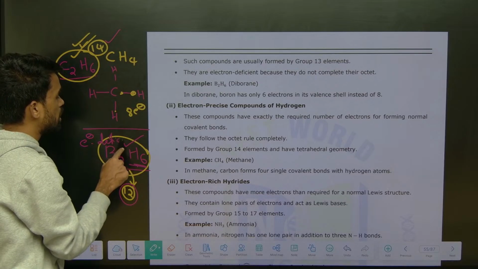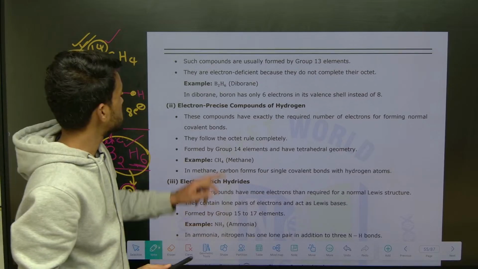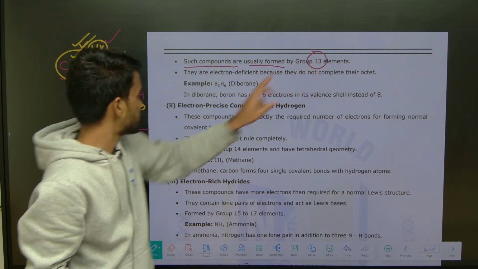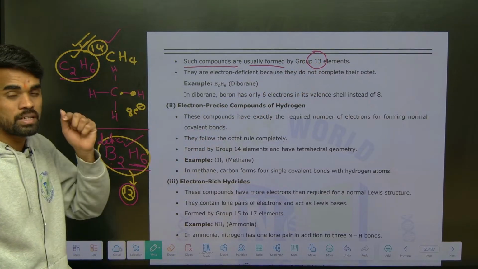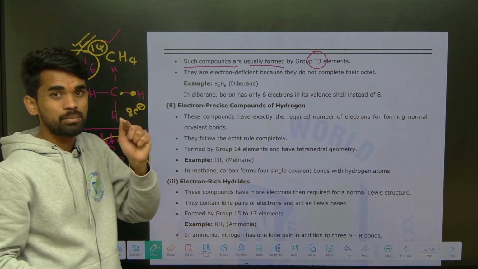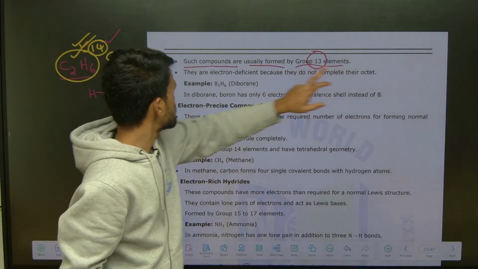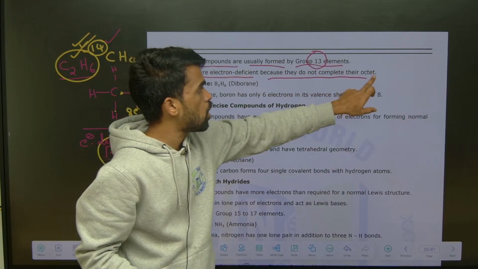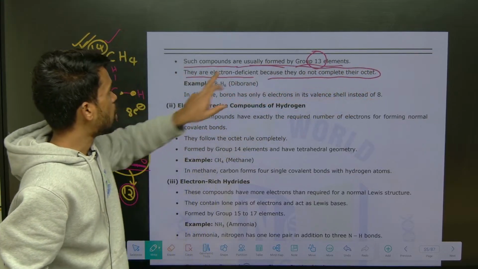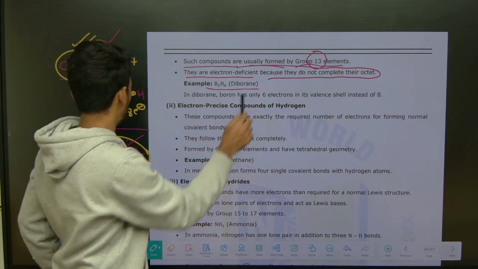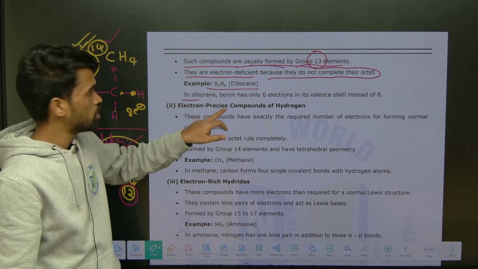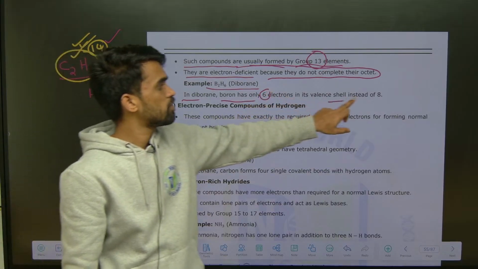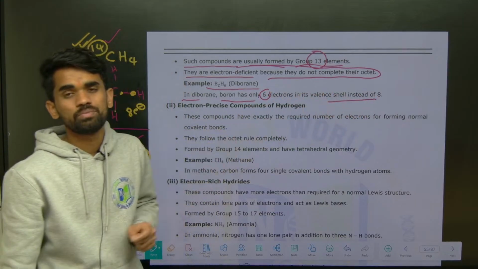Electron deficient compounds are usually formed by group 13 elements. Boron is a group 13 element, along with aluminum, gallium, indium and thallium. They are electron deficient because they do not complete their octet. An example is diborane, B2H6. In diborane, boron has only 6 electrons in its valency instead of 8, which makes it electron deficient.